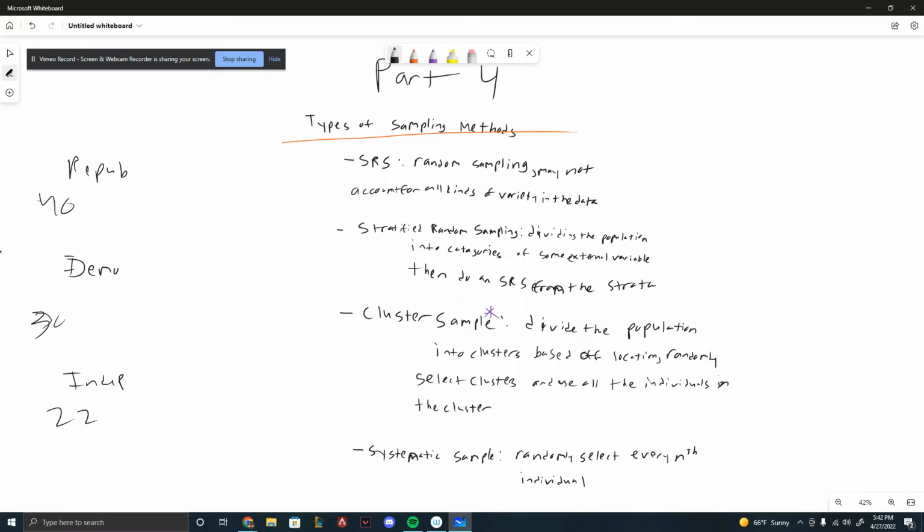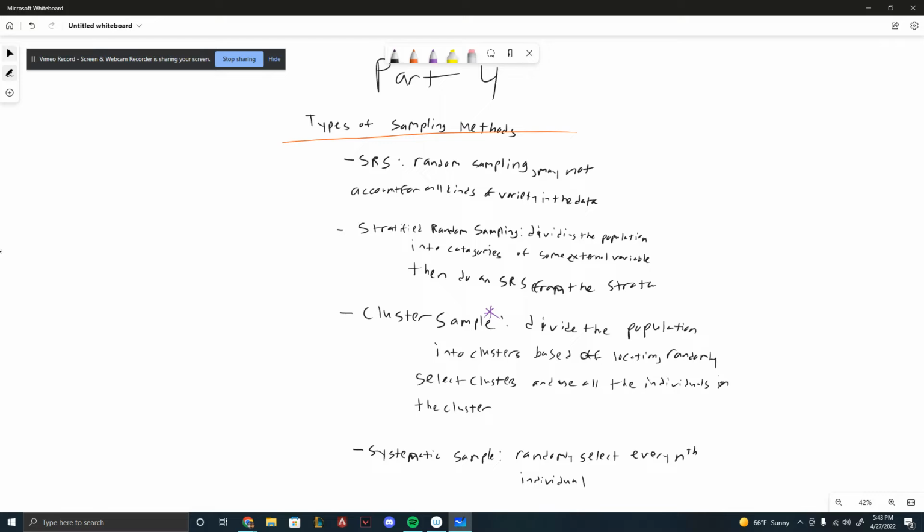You would want to pick the most from Republicans, the second most from Democrats, and the least from Independents, because that'll give you the closest similarity to the distribution that we have. But yeah, so that's stratified random sampling.